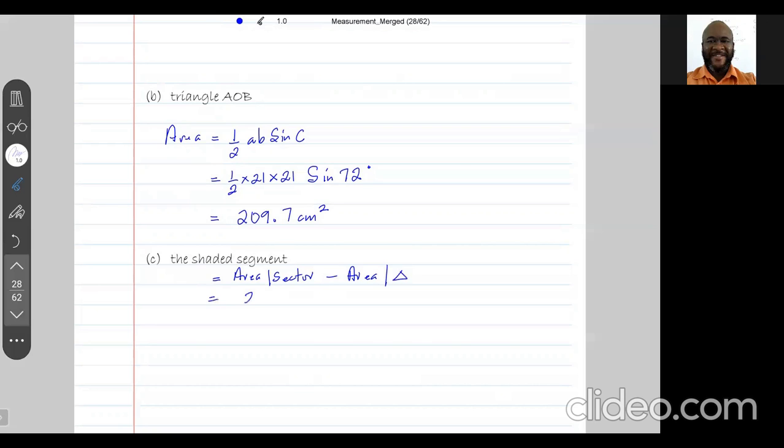So this is 277.2 minus 209.7. And so the area of the segment is 67.5, and this is centimeters square. All right, and that's it.